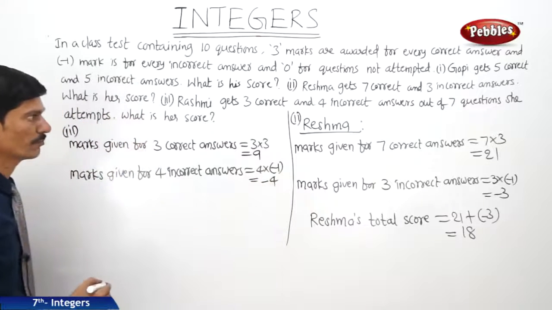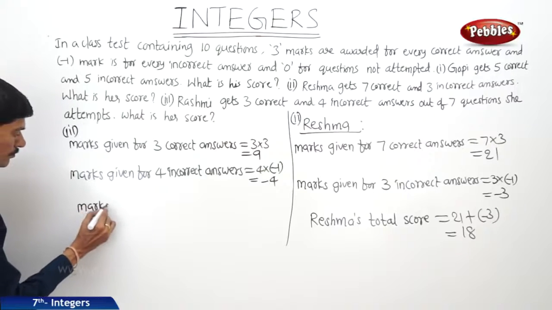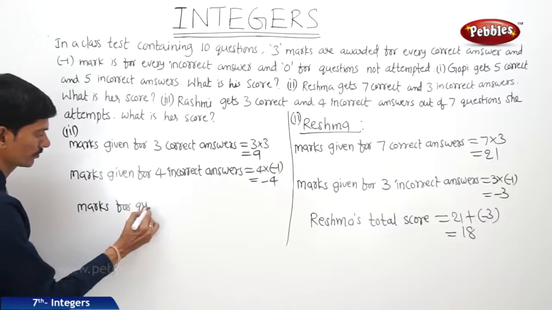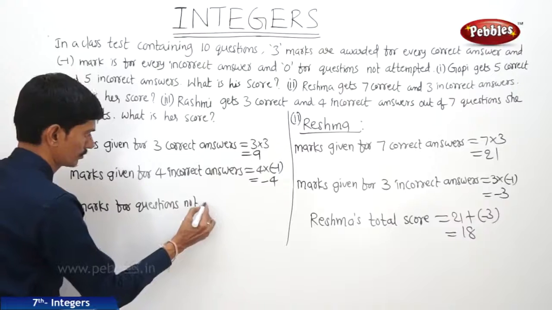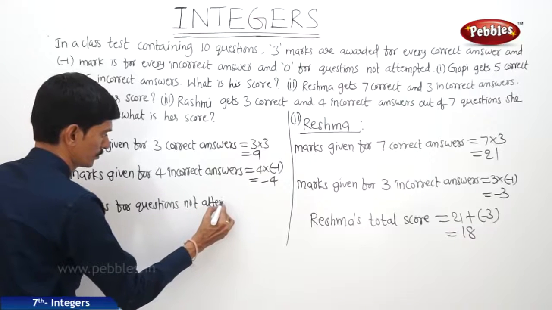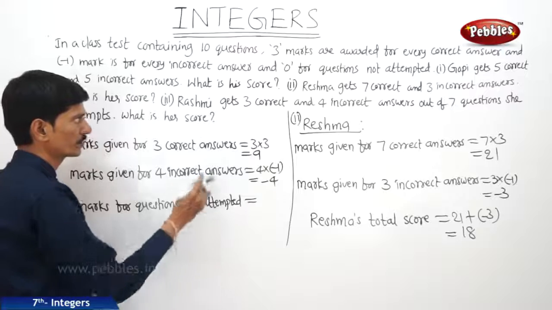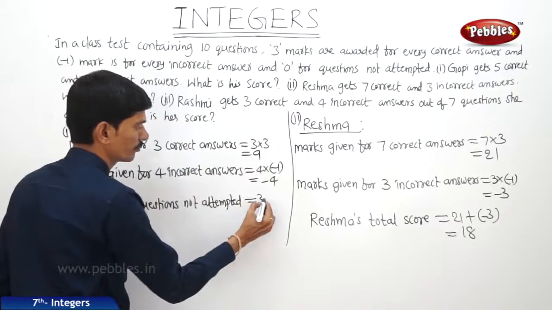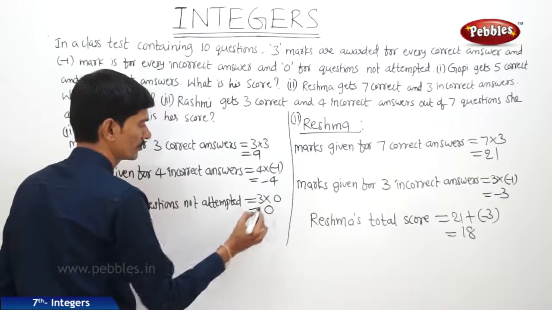Now let us find the marks given for questions not attempted. There are 3 questions which are not attempted, so no marks are given for questions not attempted. So 3 into 0 equals 0.